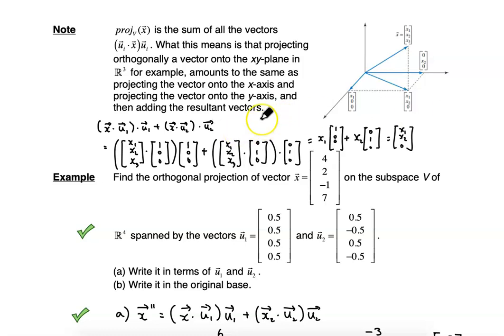So this is what is shown here: the projection of vector x is going to be the dot product of x with each of the vectors in the basis times the vector in the basis.